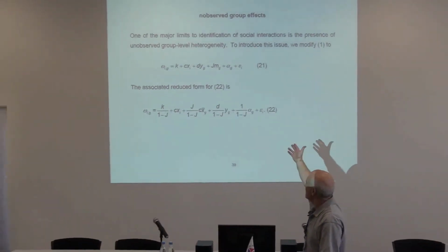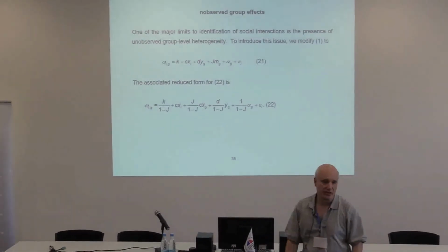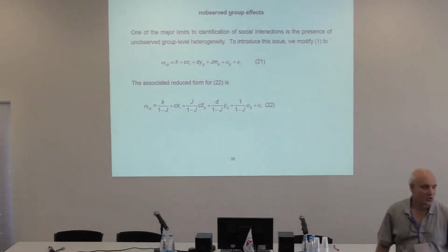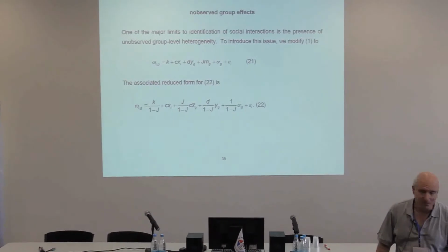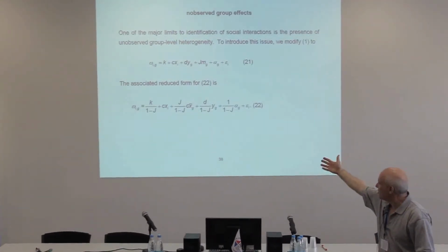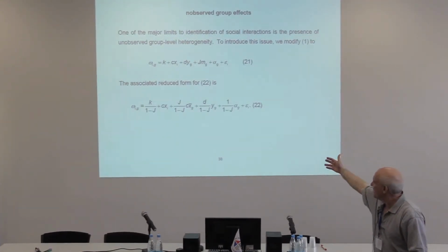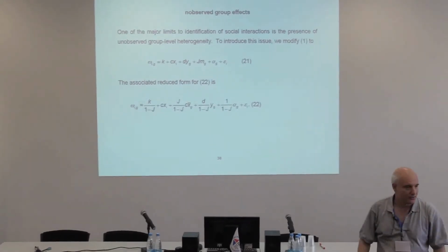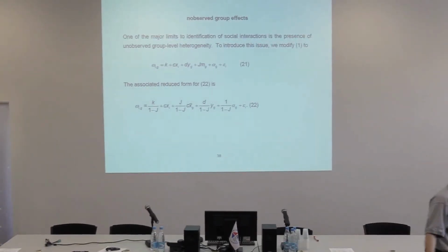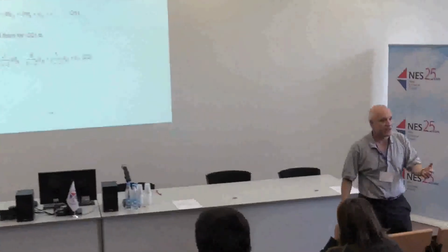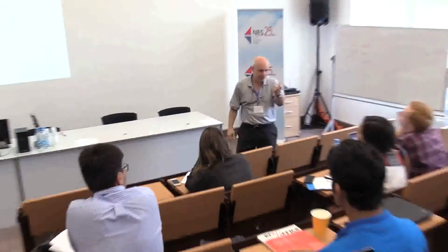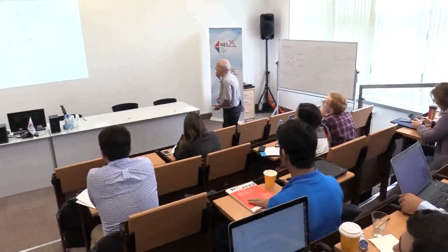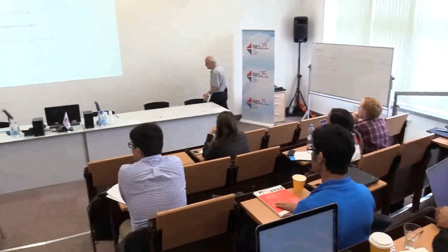So in addition to epsilon, I have another term, alpha g. Of course, I can solve for the expected value of behavior in the group. It will depend on alpha g just as it depends on x bar, y bar, and so on. So introducing group effects, the simplest way to induce correlation of the unobserved heterogeneity, means the expected values are going to change.